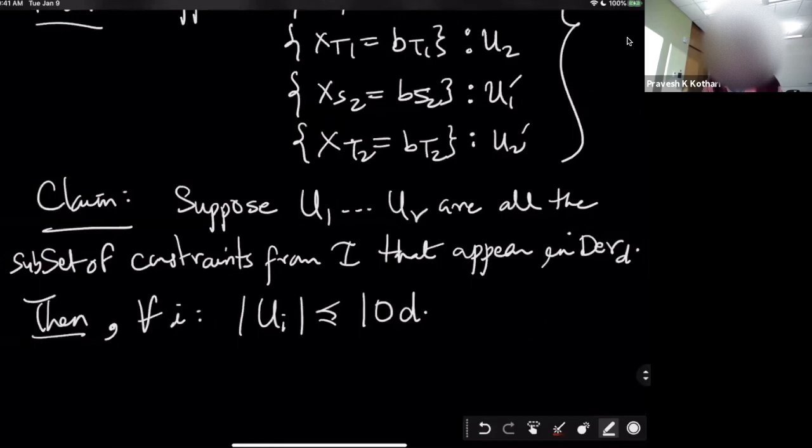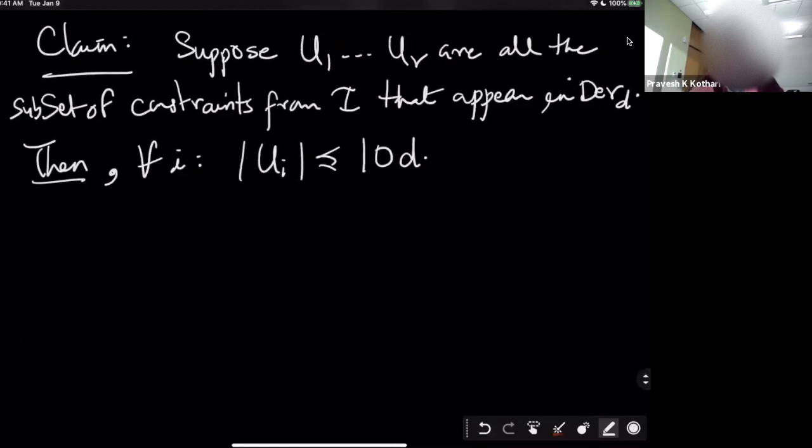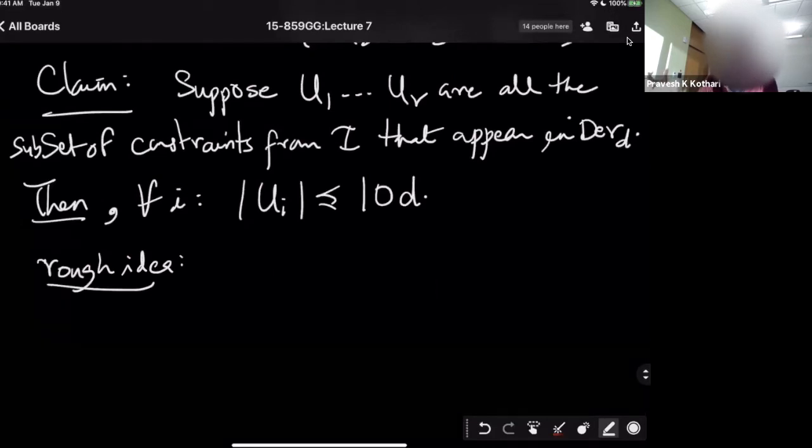Okay, good. Before going on to prove this claim, I think it should be somewhat intuitive. Let's see the rough idea. Because of expansion, if I take this union of clauses, each of these unions should actually contain a large number of variables, because of the expansion properties of the instance hypergraph.